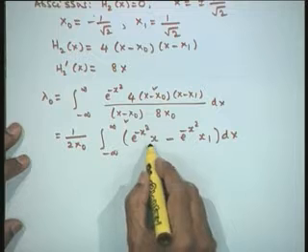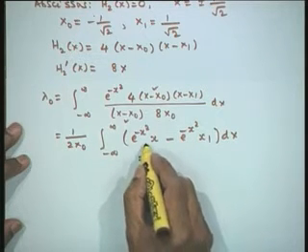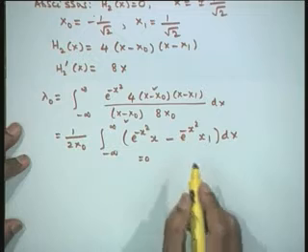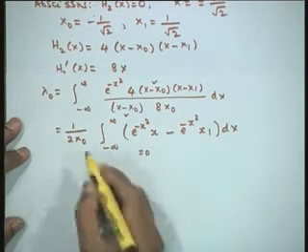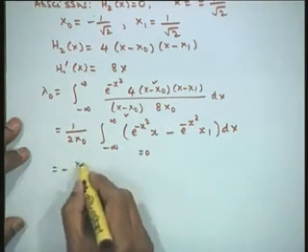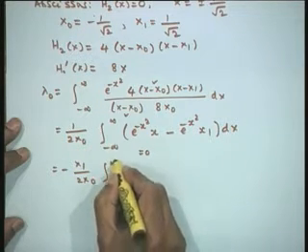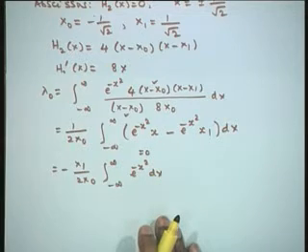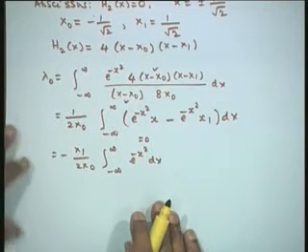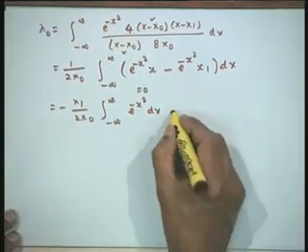Now, this is an odd function in minus infinity to infinity, therefore, the value of this integral corresponding to this is equal to 0. So, only this will contribute, and let us take minus x1 outside. So, I will have minus x1 upon 2 x0 times the integral from minus infinity to infinity of exponential of minus x squared dx.